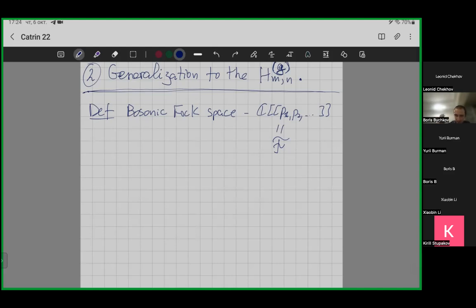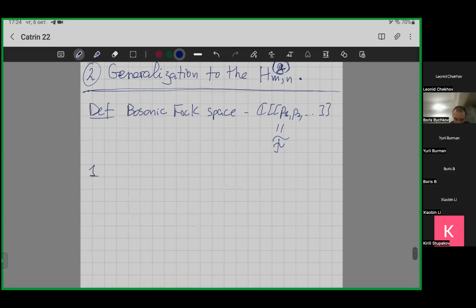So in this F, we have to distinguish elements. It's a one. It's a vacuum vector, denoted by this, and the linear function from F to C, which calculates the free term of a series.